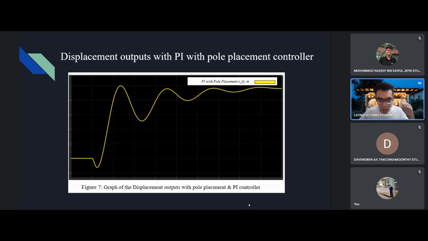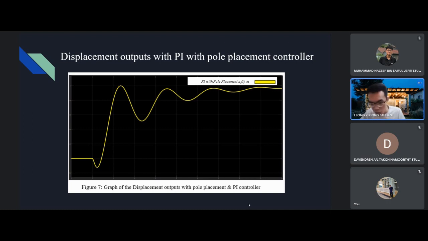After we know that the pole placement controller cannot solve the steady state error problem, we try to apply the PI controller, because we know that the main focus of the PI controller is to decrease the steady state error. For this one, the settling time is about 5.7 seconds, and its percentage overshoot is about 4.118%.